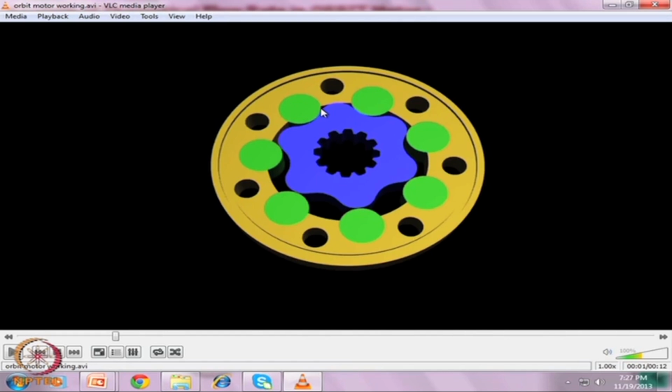But we can either make this integral or replace this integral part by a roller. The advantage of the roller I have already discussed, which is that we can replace the roller if it is worn out.